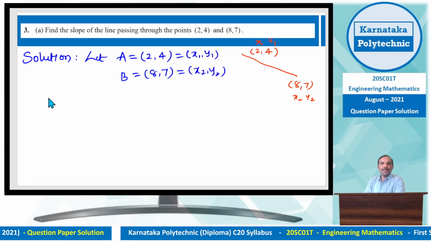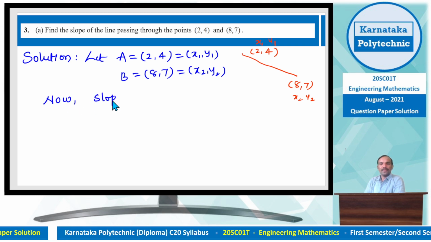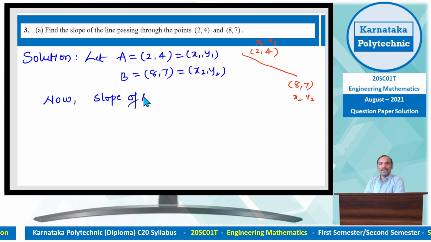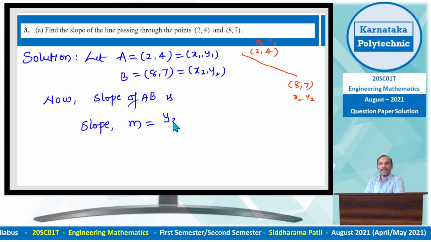Slope of AB is given by the slope formula. Slope, usually denoted by m, is equal to y2 minus y1 divided by x2 minus x1.